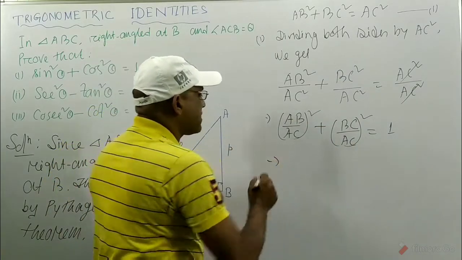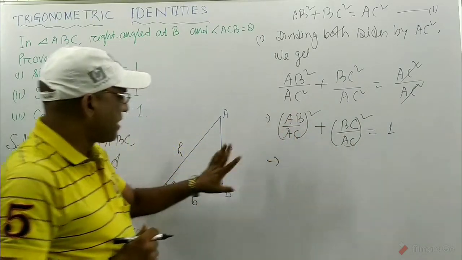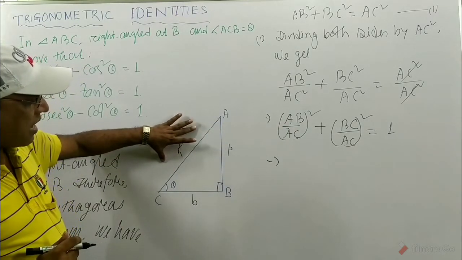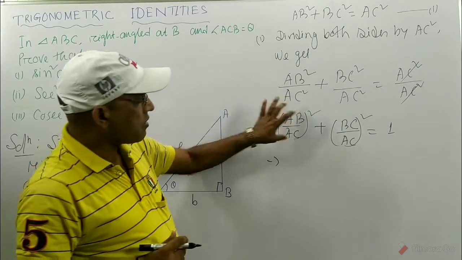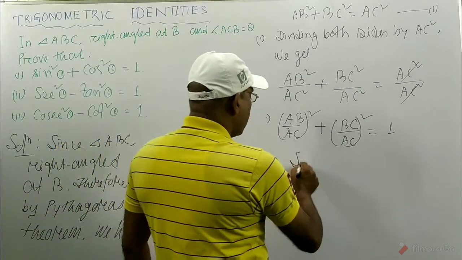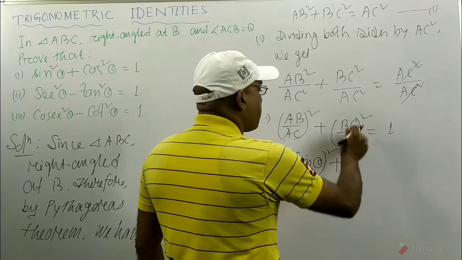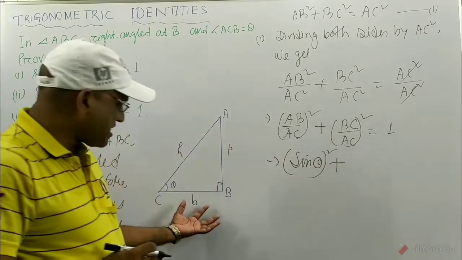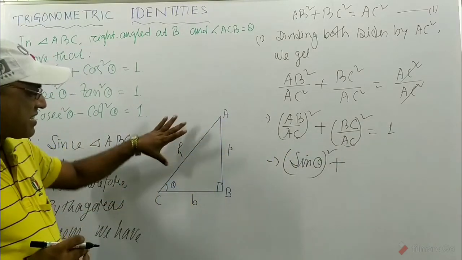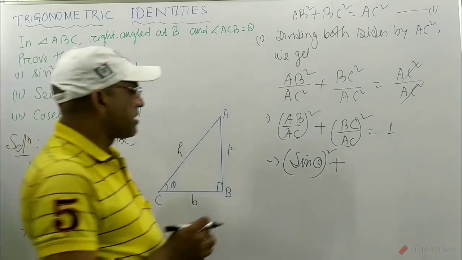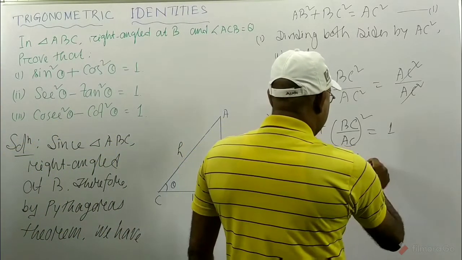Now this is AB by AC. AB means perpendicular by AC, hypotenuse. Perpendicular by hypotenuse, we know, is sin theta. And BC by AC, BC is base and AC is hypotenuse. Base by hypotenuse, we get cos theta.